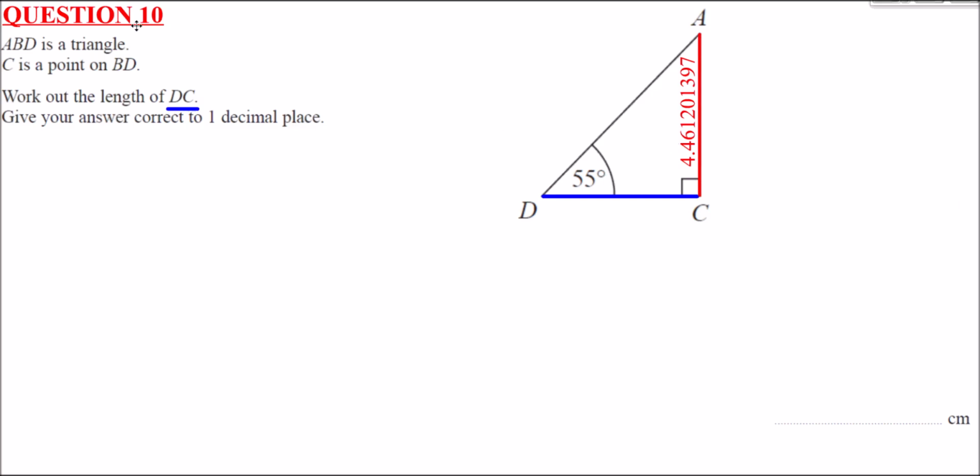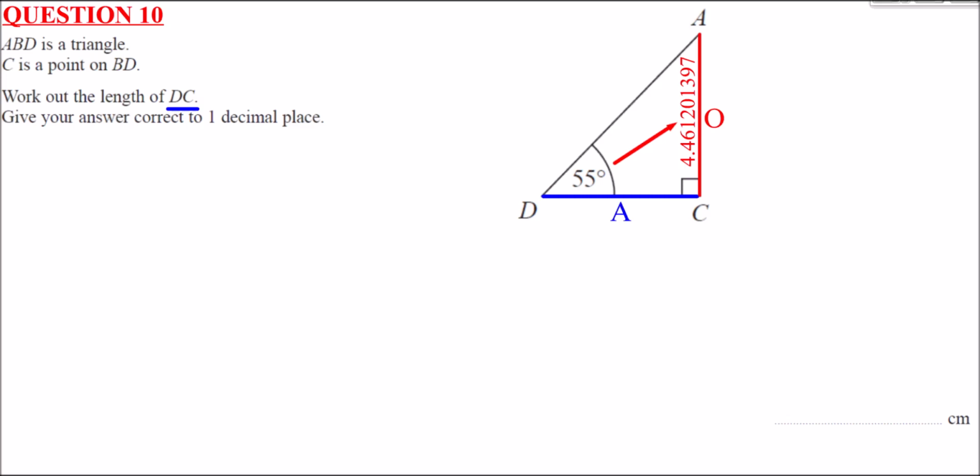If we apply the same logic, labelling the sides relative to ADC, this one now is the opposite side to the 55-degree angle we do know, and we want to work out DC. Well, the hypotenuse is always one I'd label next. Opposite is easy, it's opposite of the angle. Hypotenuse is AD. Therefore, the other one, which I consider to be almost like the odd one out, if it's not O or H, it must be A for adjacent.